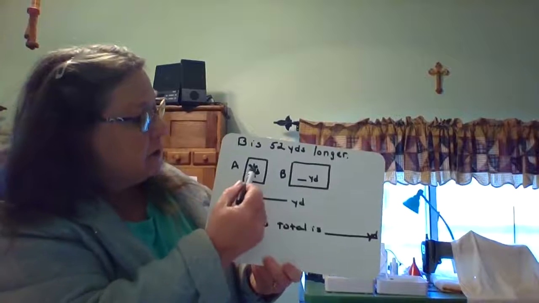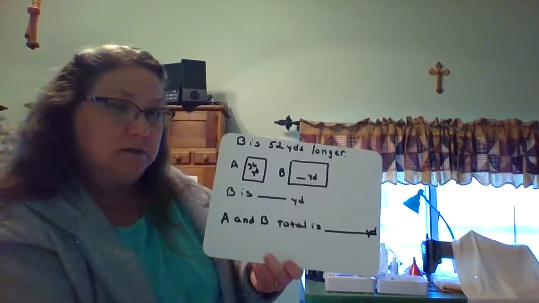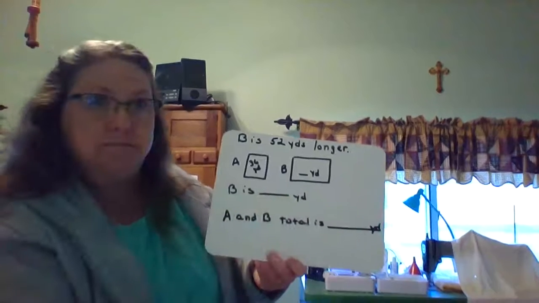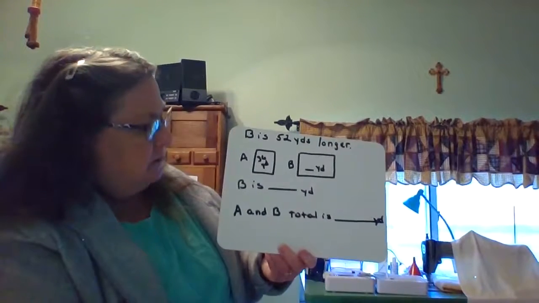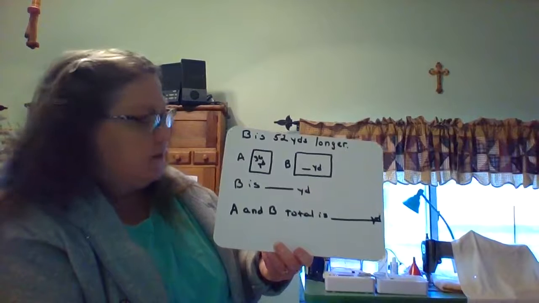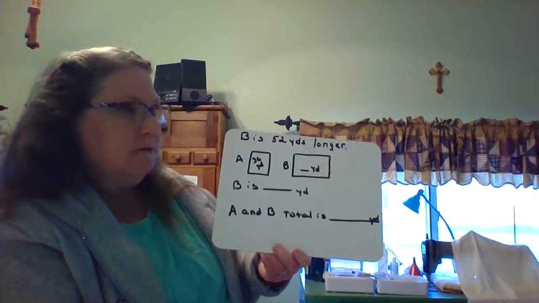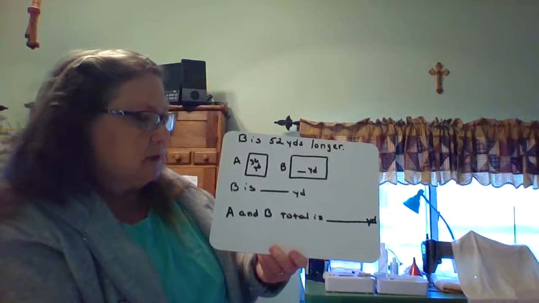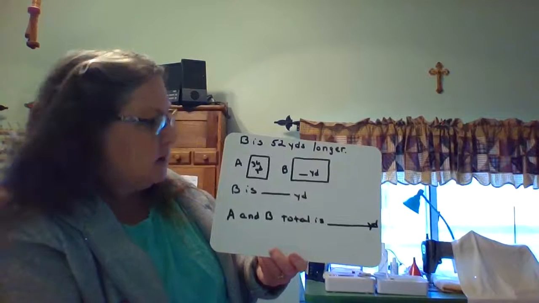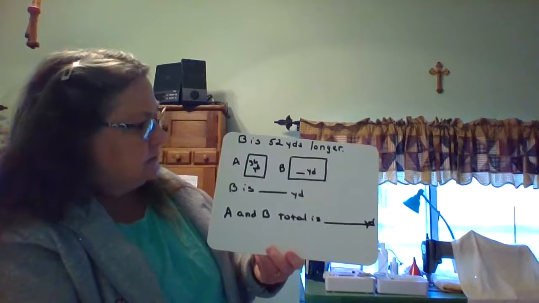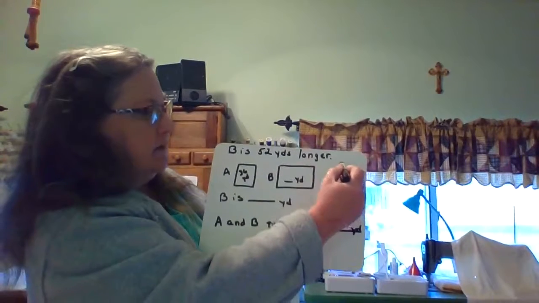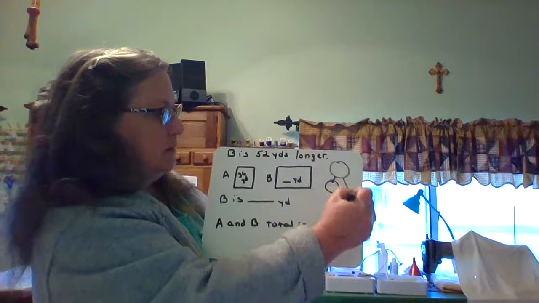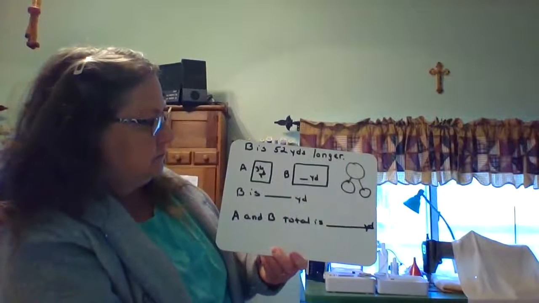A, we know, is 36 yards. What is B? B is blank yards. YD means yards. B is how big. We have to figure out how big B is. I can do that with the number bond also. I can have my big number, my little numbers.